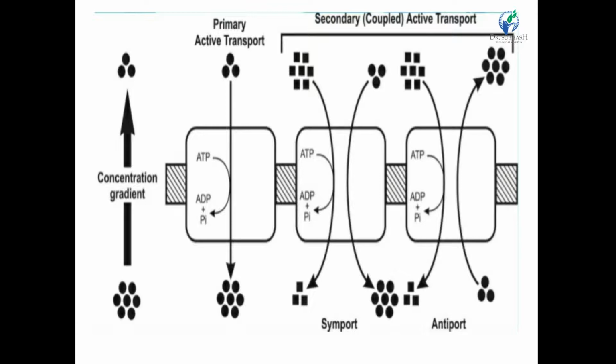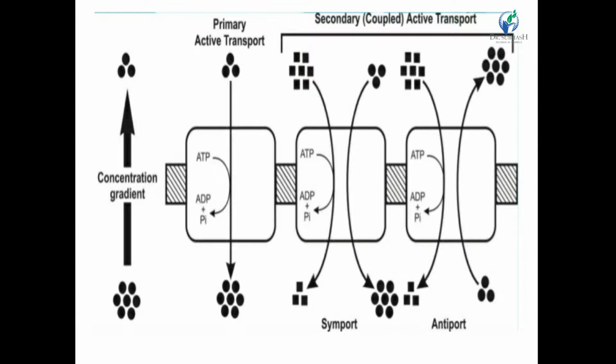Now in secondary active transport, the first figure shows symport, in which flow is from higher concentration to lower concentration. Therefore, it doesn't require direct ATP, and both flows are in the same direction. Therefore, it is called symport.